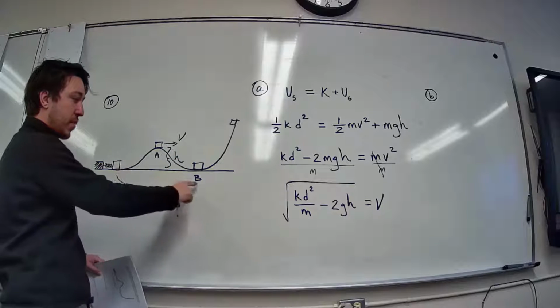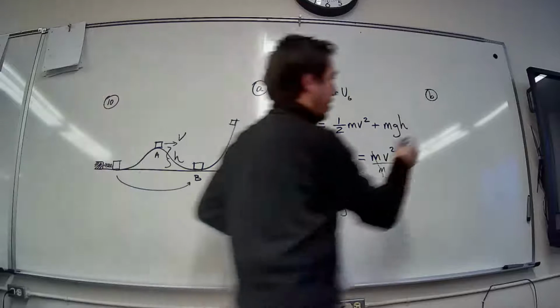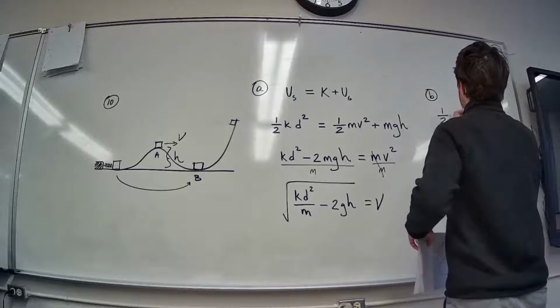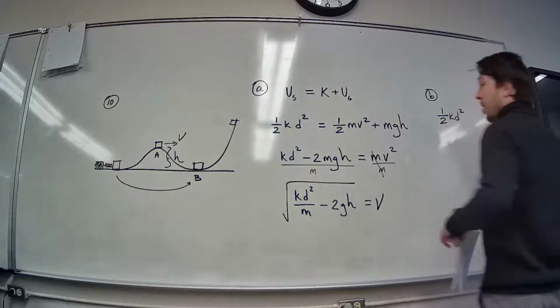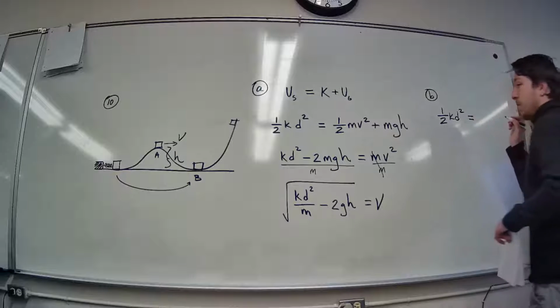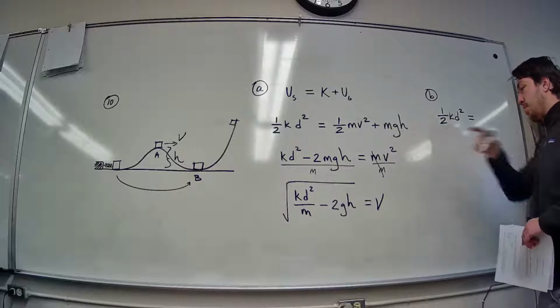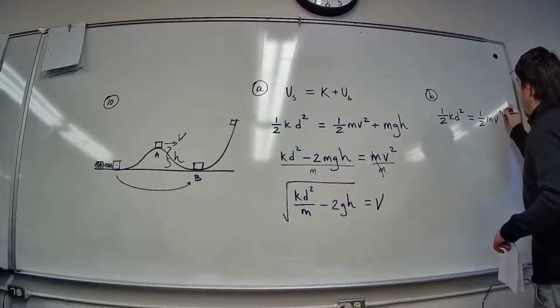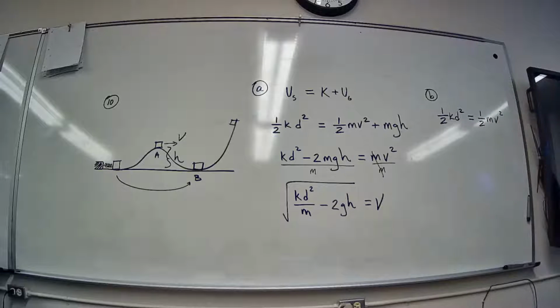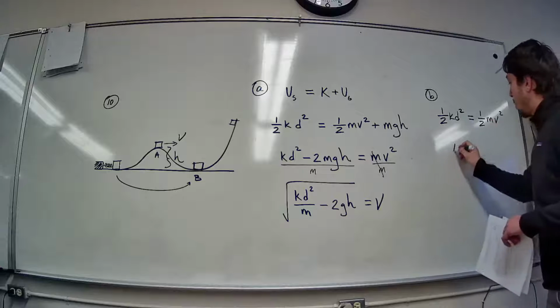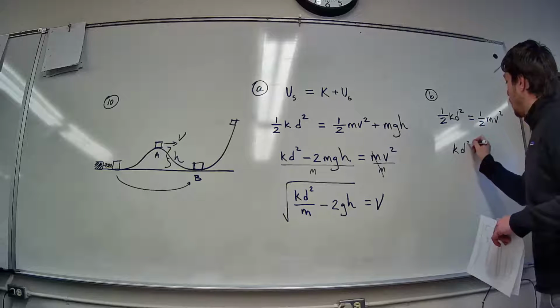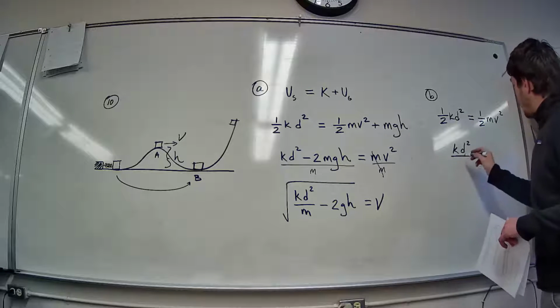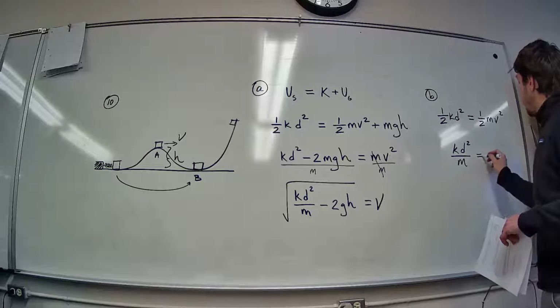That energy is conserved. So I can say that 1/2 kd squared is equal to the kinetic energy at point B. Does that make sense? So this one's a bit easier. The twos cancel out. We actually have gotten this result before, haven't we?